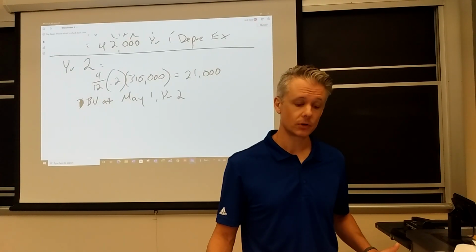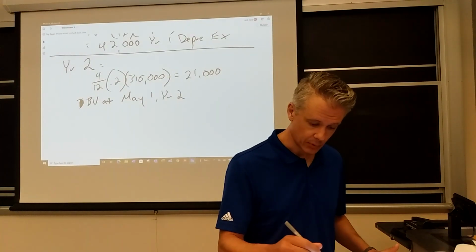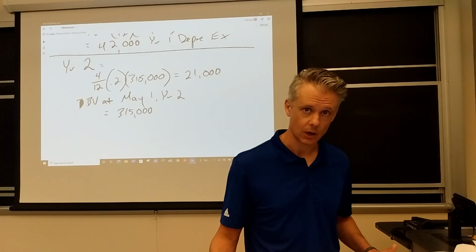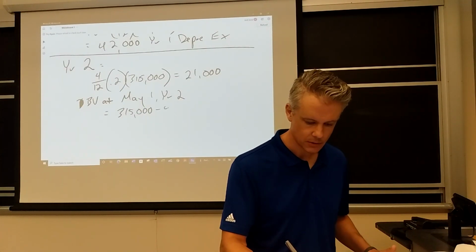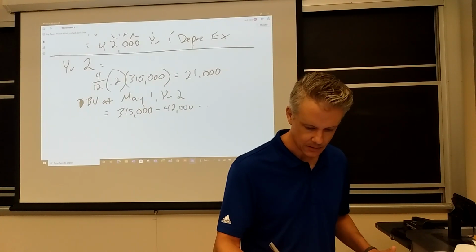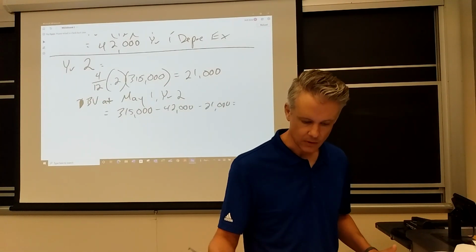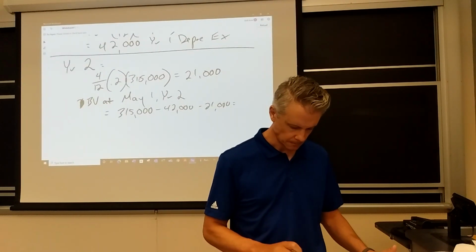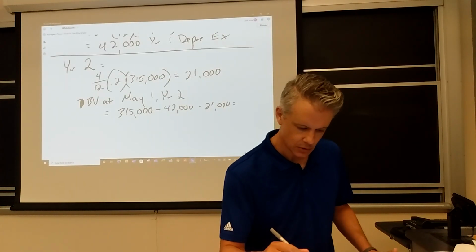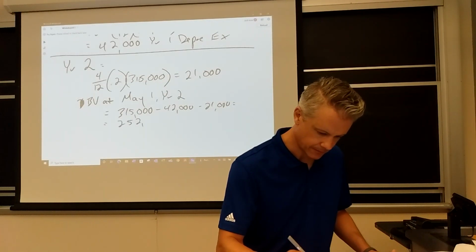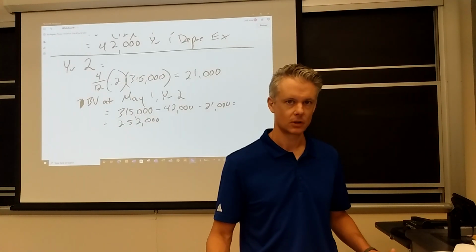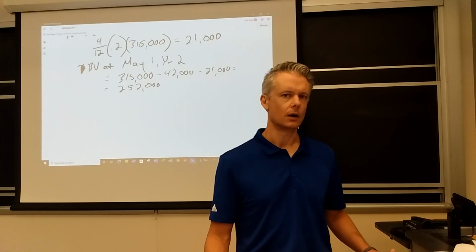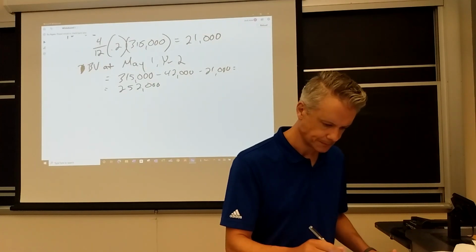So on May 1st, year two, our book value is equal to our cost, $315,000, minus the depreciation that we've taken up to that point, which comes to $252,000.